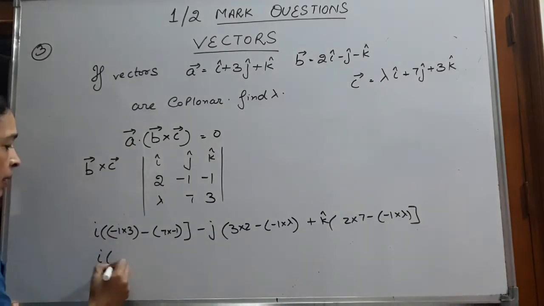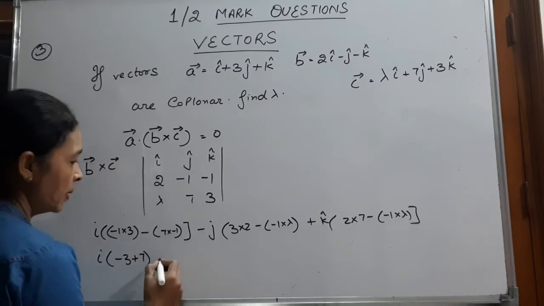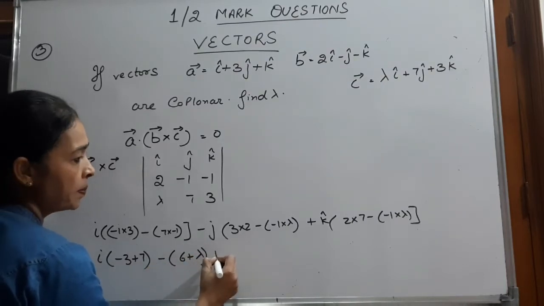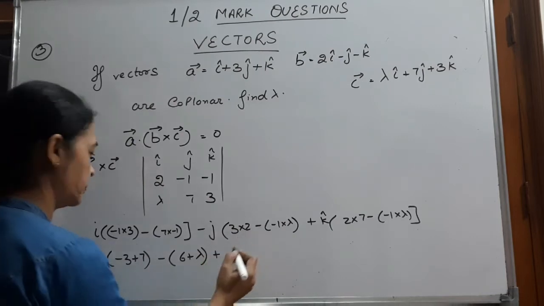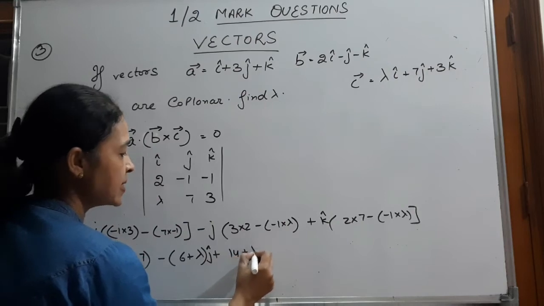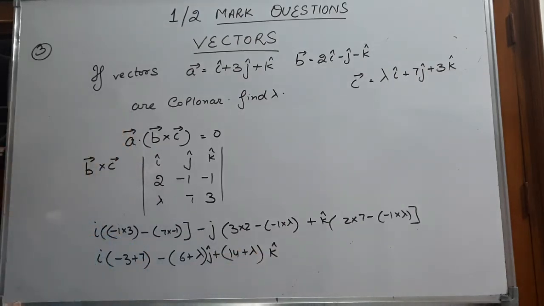We have i minus 3 plus 7, minus 6 plus lambda j, plus 14 plus lambda k cap. This is B cross C.